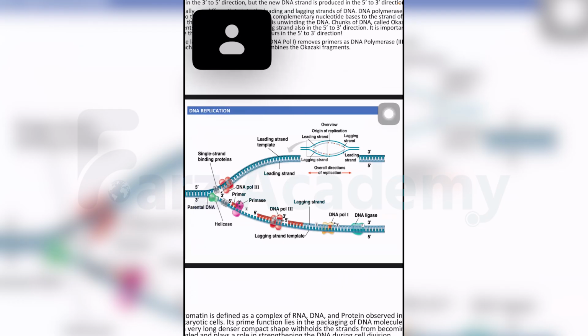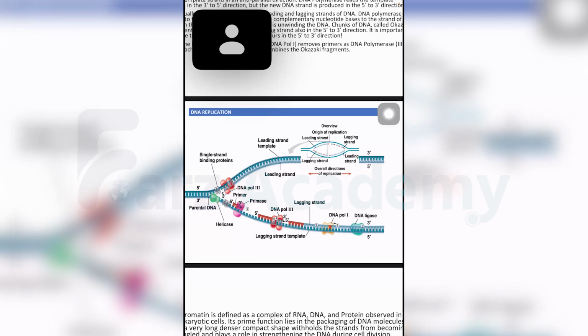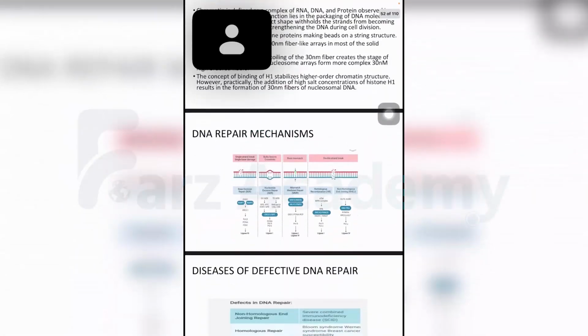The 5 prime to 3 prime strand is the leading strand, and the other is the lagging strand. The lagging strand is synthesized in fragments, the unwanted fragments are removed, Okazaki fragments are joined together by DNA ligase. So this was a feature of DNA replication.